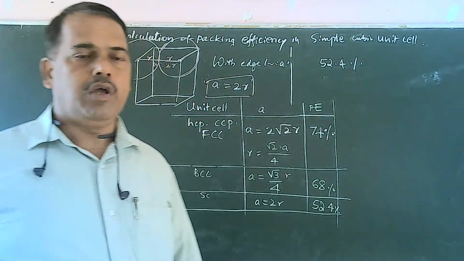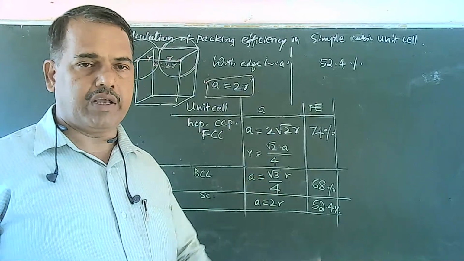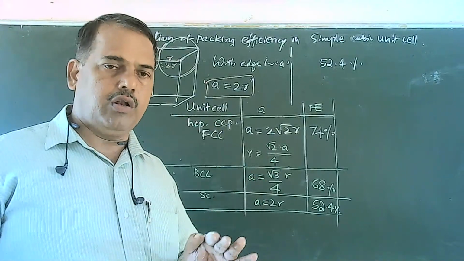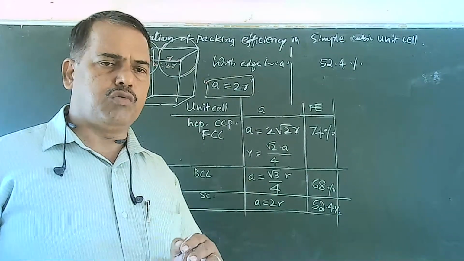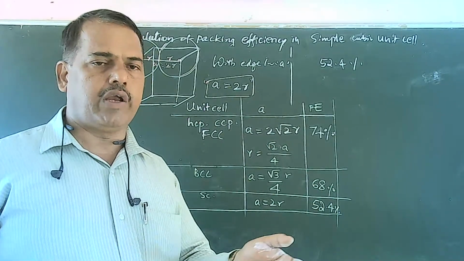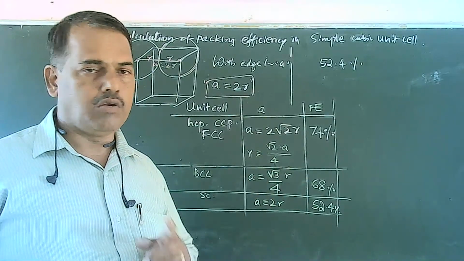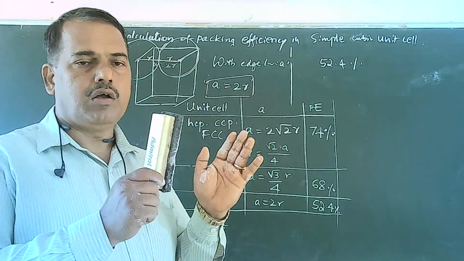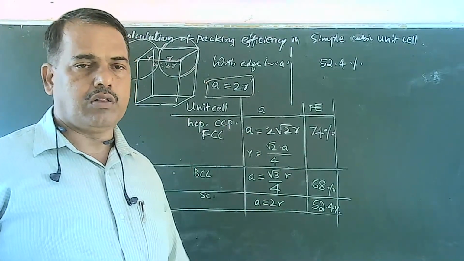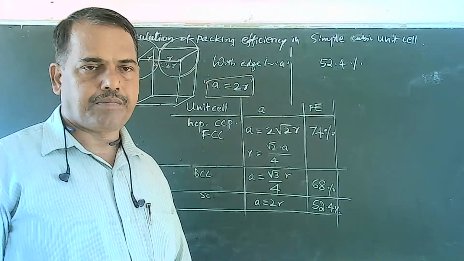See, dear students, whenever we ask some questions on calculation of packing efficiency, if particularly we ask HCP or CCP, some of the students make confusion. They write body centered cube calculation or simple cube calculation. No. First, very clearly see the question, then understand, then write the answer.